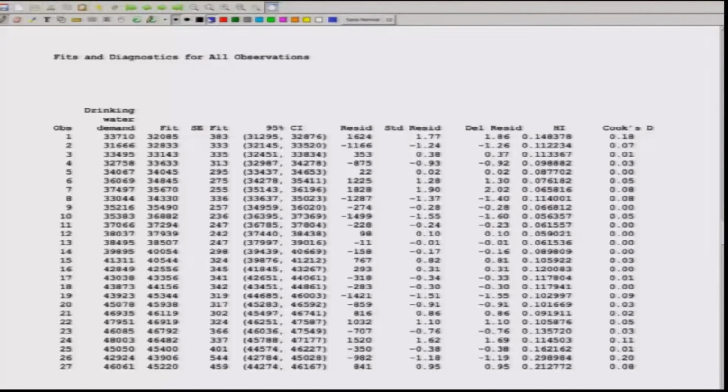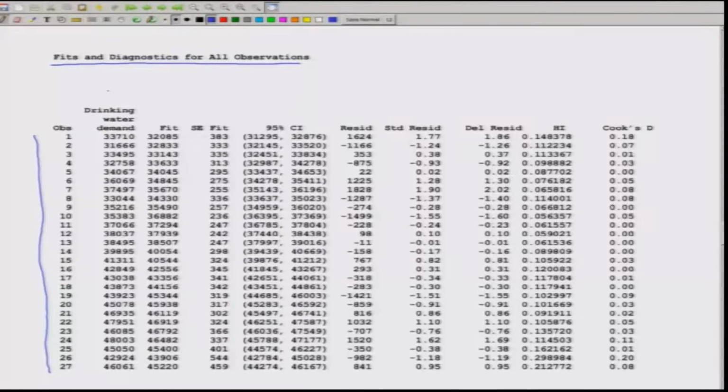Now this is a table where we have stored all the fits and diagnostics, and since we had given the option that we need it for all the observations, we now have here 27 observations, and these statistics are available for all the 27 observations. So now I will try to explain it in our symbolic notation that we used earlier in the lecture.